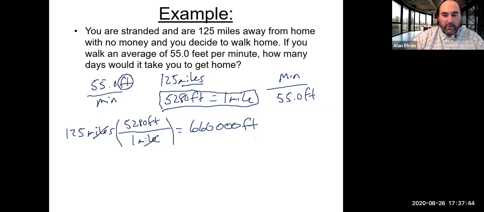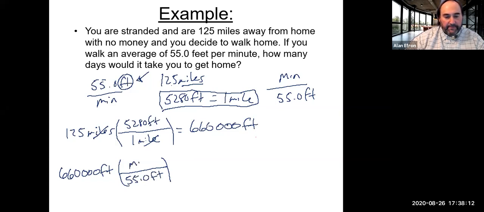And again, the purpose of doing this conversion is so that we can actually use this guy that they gave us. Again, now we're both in feet and feet, so they should cancel each other out. So if I take my 660,000 feet, now I could use my rate that was given to me. And again, I'm going to want to use the feet at the bottom here so that they do cancel.